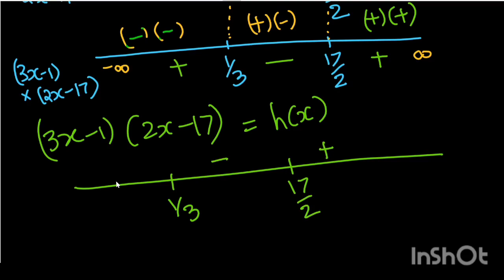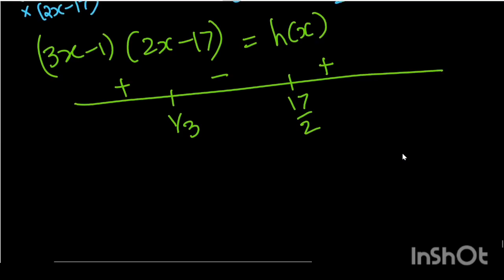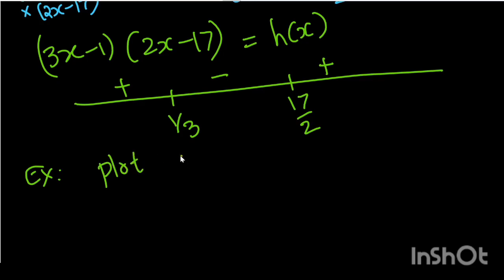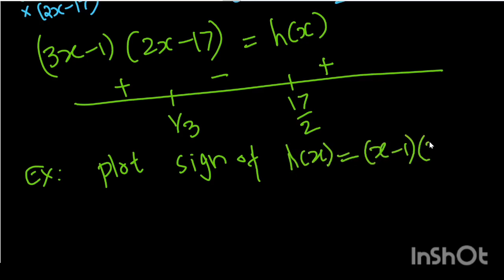Now in a similar way, let me give you a problem: plot the sign of h(x) equals x minus 1 into x plus 7 on the number line.